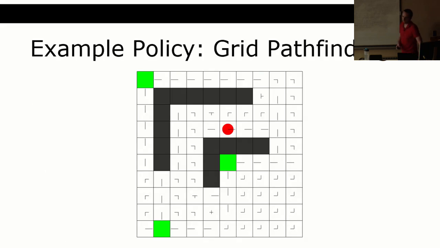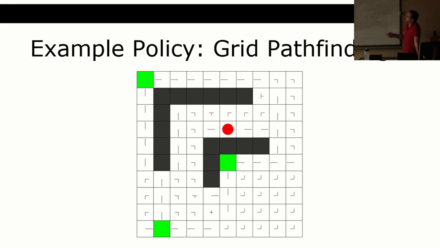So here's an example of one way to look at a policy, and this will be assignment 5 in the class, unless I end up changing it, which I might, to something more interesting. But on this grid, let's say that you are this agent, the red circle, and you are trying to get to the closest green square. It doesn't matter which one, you just want to get to the closest one.